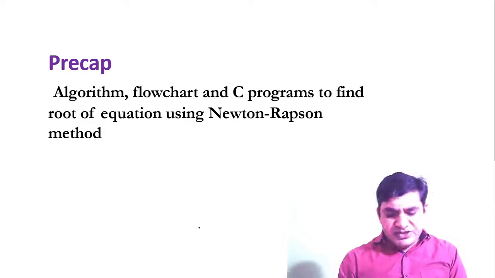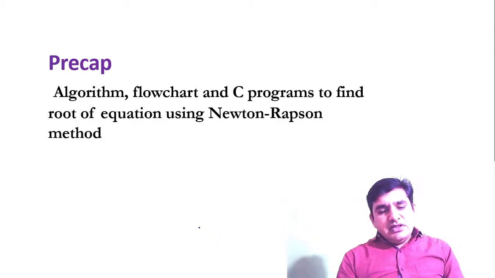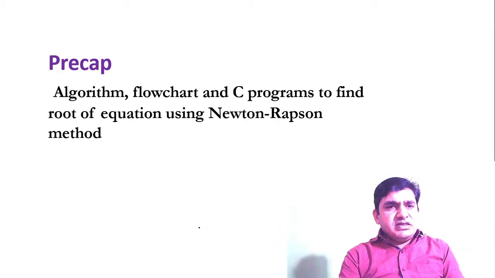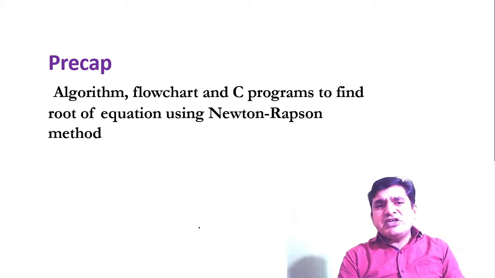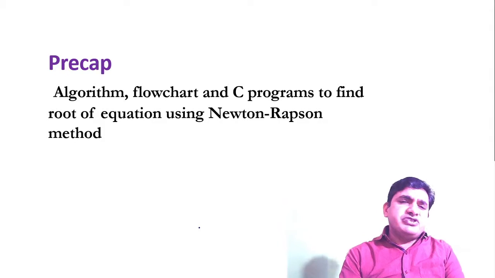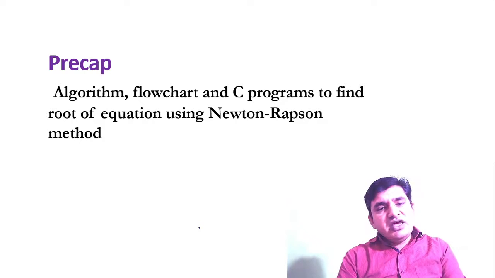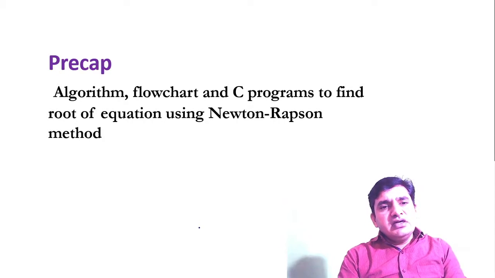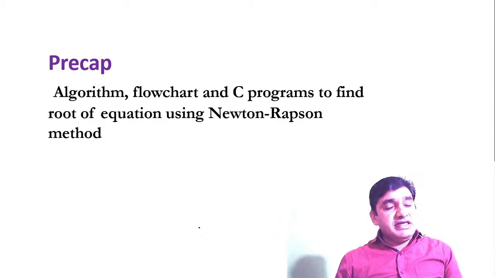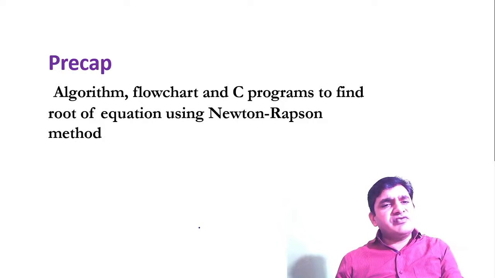So friends, in this lecture we discussed the Newton-Raphson method. Things to keep in mind: sometimes the initial approximation is given, but sometimes it is not, and we have to find x0. The next approximation x1 is equal to x0 plus h, where h is equal to minus f of x0 divided by f dash of x0.